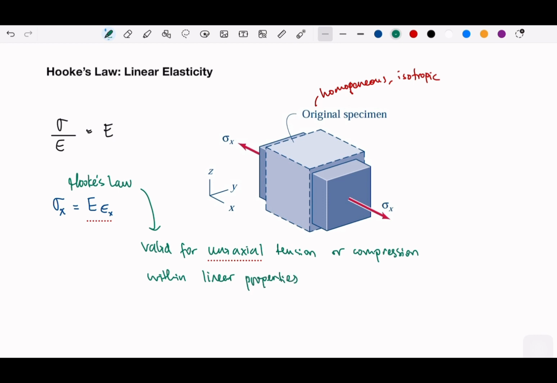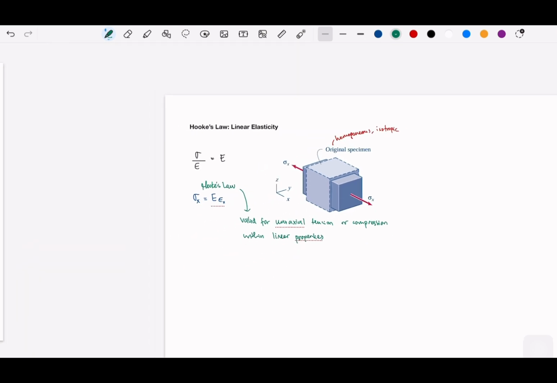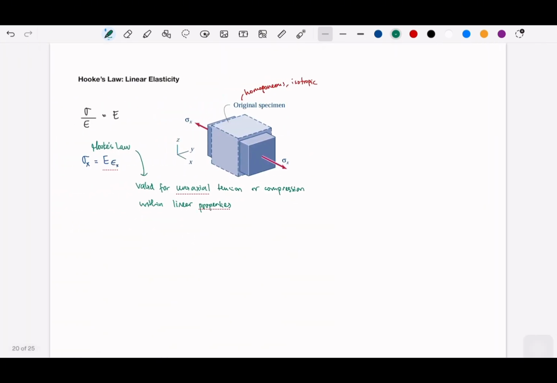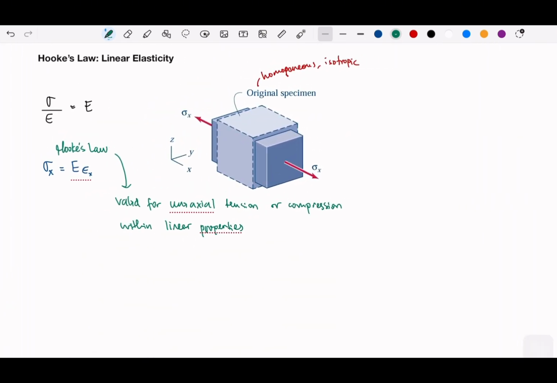Okay, I think that's the goal. And then what else? Aside from Hooke's law, I forgot to write here, we are going to have what we call Poisson's ratio.